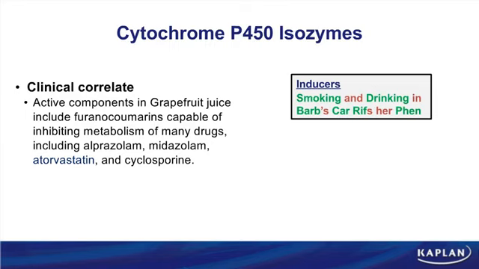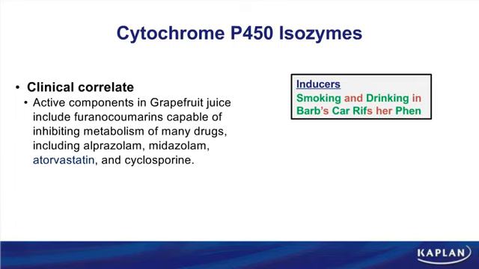Maybe my favorite inducer for your exam is rifampin, a popular antibiotic, anti-tuberculosis type drug, and then phenytoin, an anticonvulsant. So those are my inducers. The hydrocarbons from cigarette smoke, chronic ethanol, barbiturates like phenobarbital, carbamazepine, rifampin, and phenytoin.